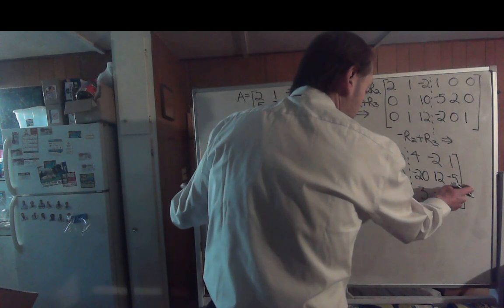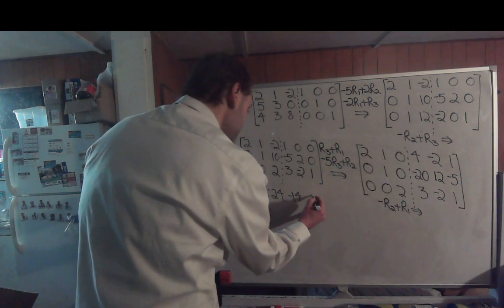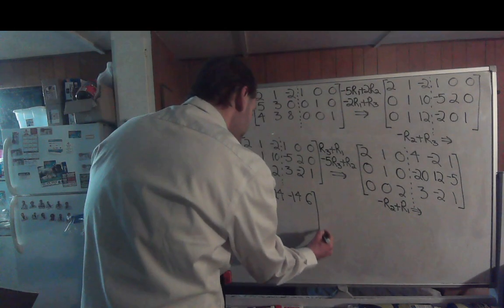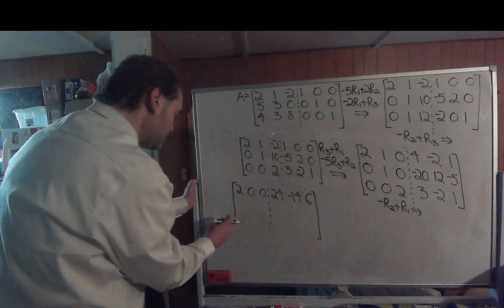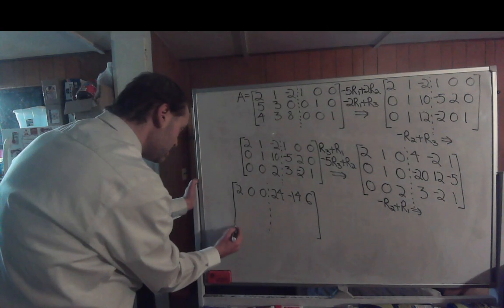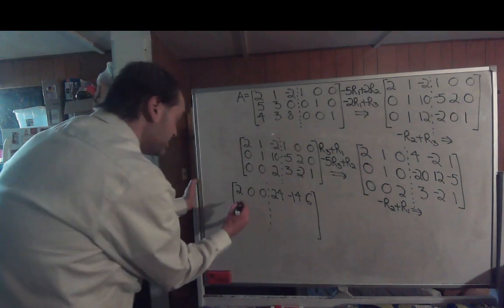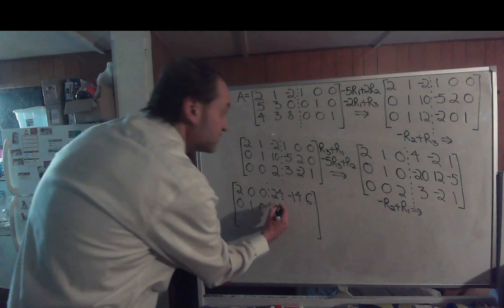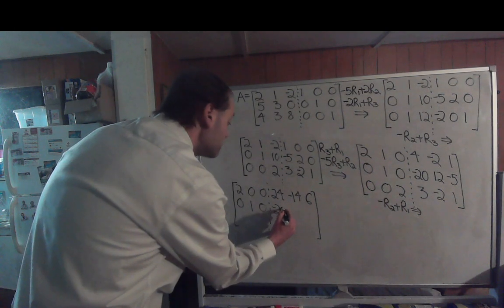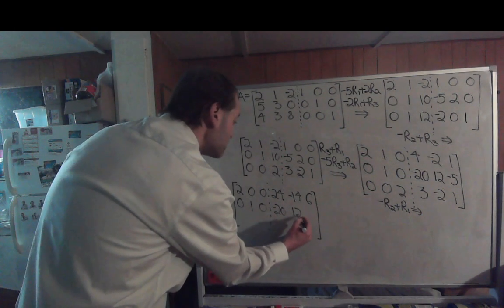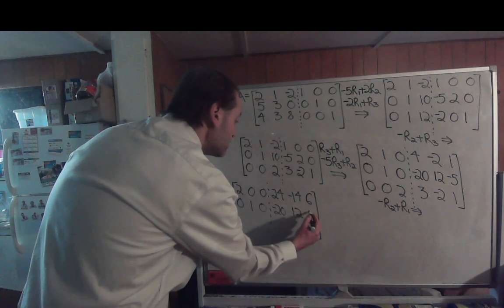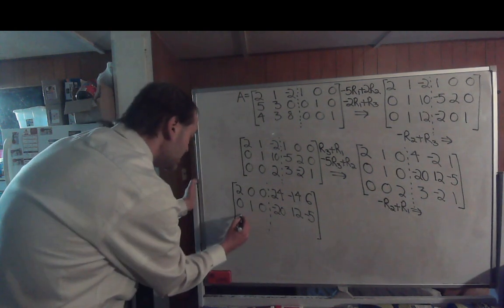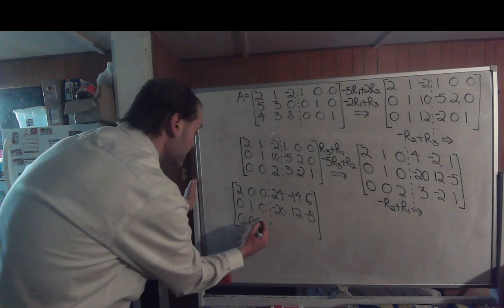Negative 5 is positive 5, plus 1 is 6. And then we just have row 2, which is being left alone. Negative 5. Then we still have row 3.